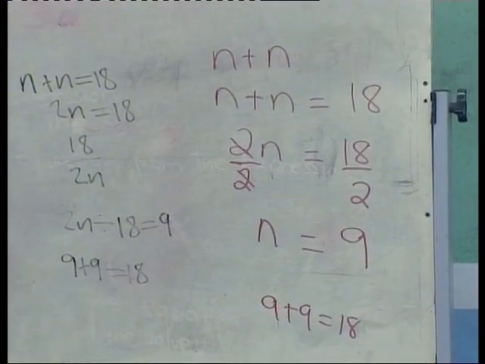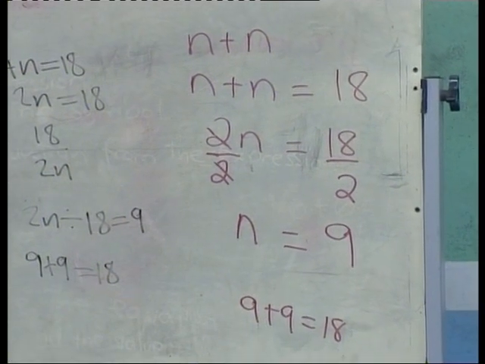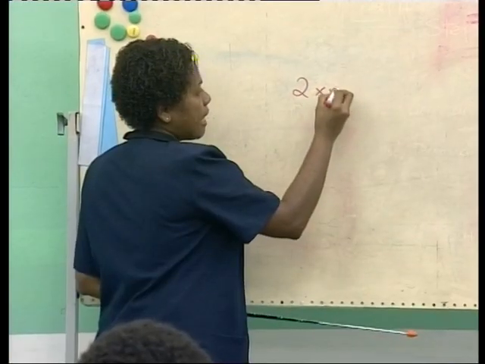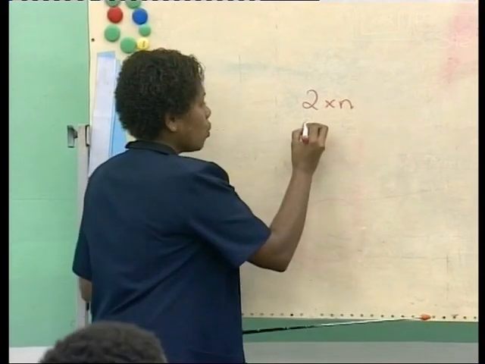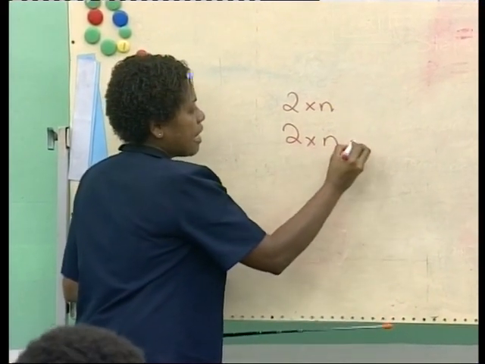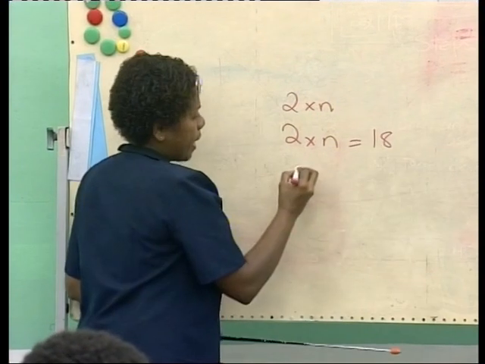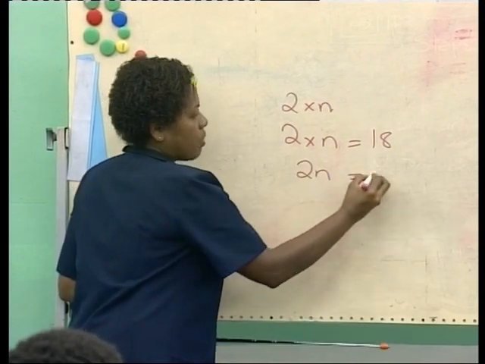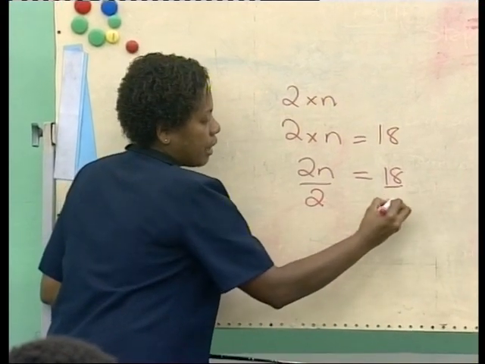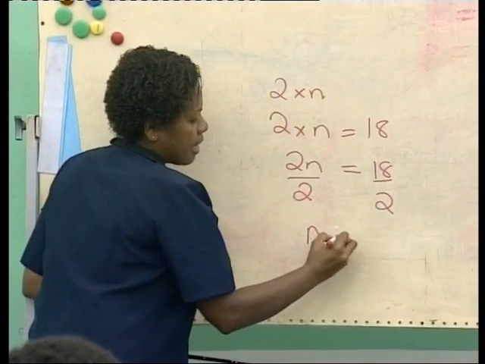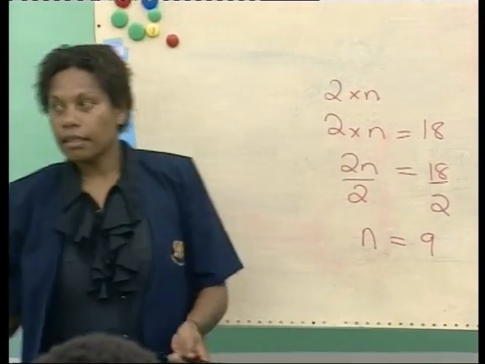Or the other working out, you could say 2 times n, where you double n. So 2 times n is equal to 18, and then you have 2n is equal to 18, and you do the same thing. Divide by 2, divide by 2, n is equal to 9.